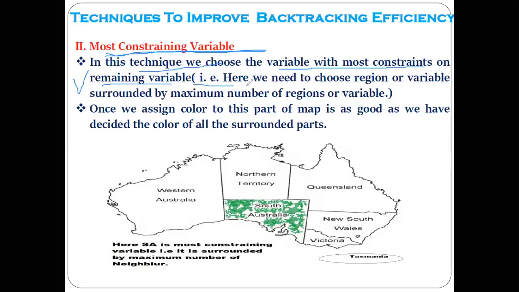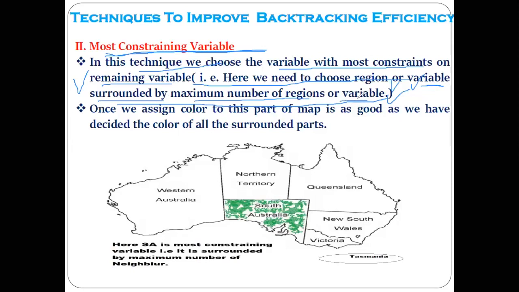Now its meaning I have written here. What exactly does it mean? Here we need to choose the region or variable surrounded by the maximum number of regions or variables. Understood or not? What we have to choose is the region or variable surrounded by the maximum number of regions or variables.